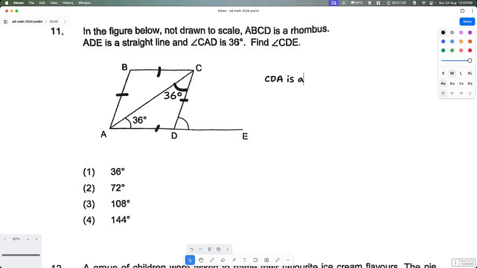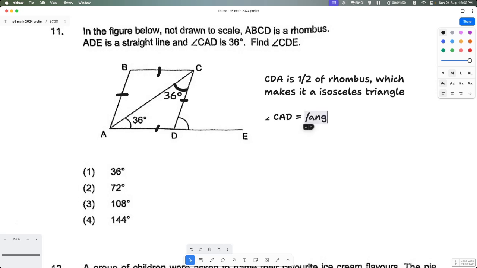CDA is half of the rhombus, which makes it an isosceles triangle. So angle CAD is equal to angle ACD, which is 36 degrees.